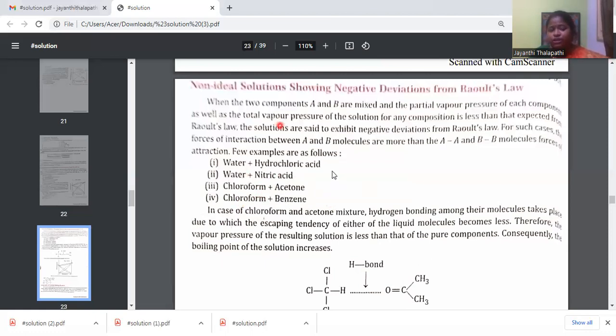Here the force of attraction between A and B is more than between A and A or B and B. Suppose you take water and hydrochloric acid: the force of interaction between water and HCl will be higher than between water molecules and between hydrochloric acid molecules, right?